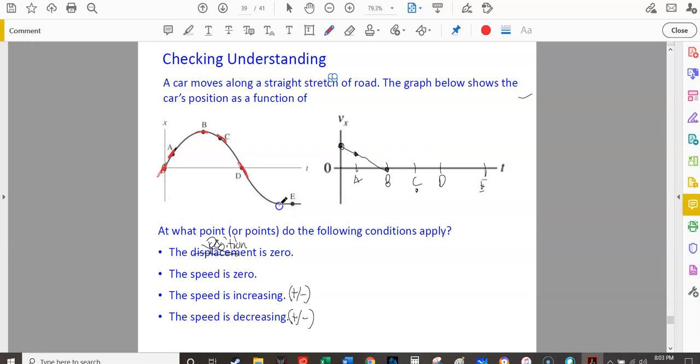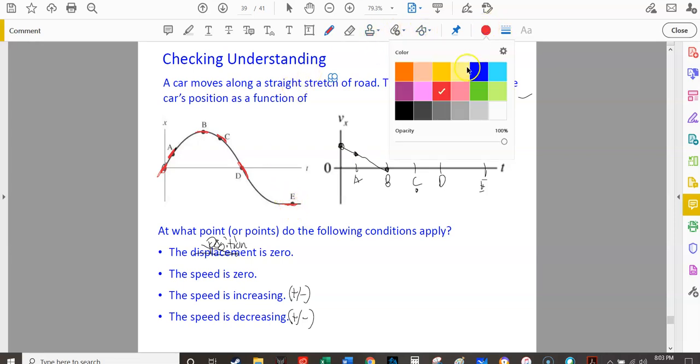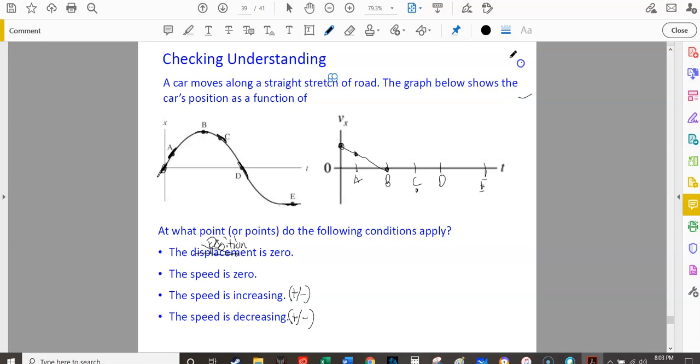And then at D, it looks like you are not moving at E. It has a slope of 0. Okay. Well, I'm going to translate those to over here. So at C and then at D, it's becoming increasingly negative, right? So it's moving to the left.